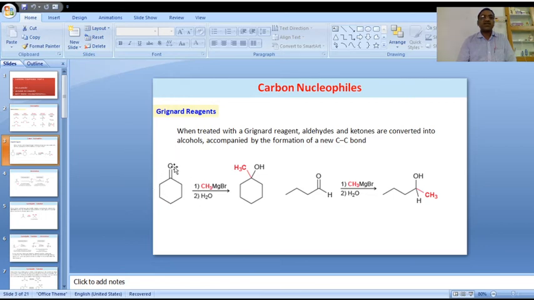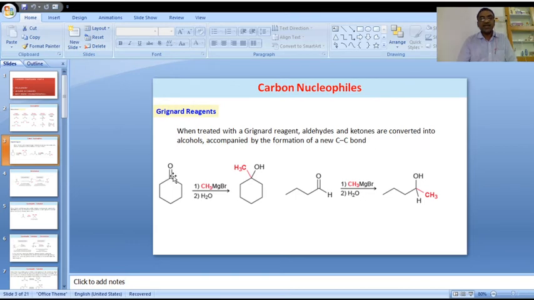Aldehydes or ketones can be used in this reaction. Here we are using a ketone in the first example: a cyclic ketone reacting with a Grignard reagent in the presence of water. Generally it produces a CH3 minus nucleophile, which attacks the carbonyl carbon.